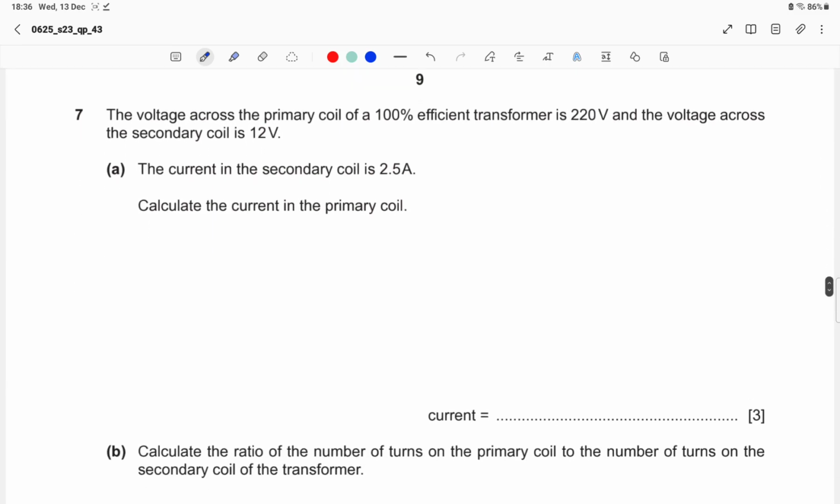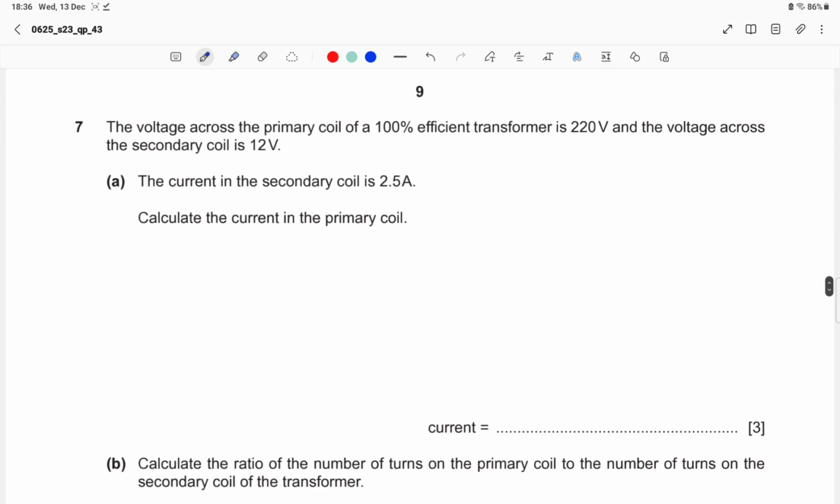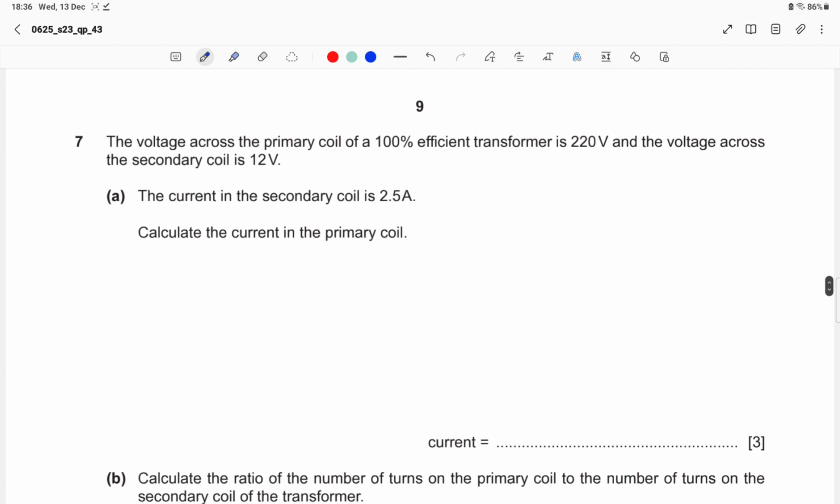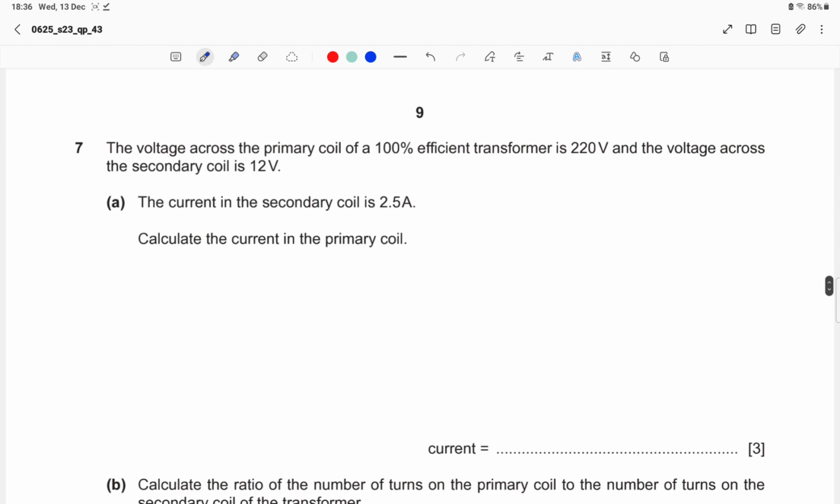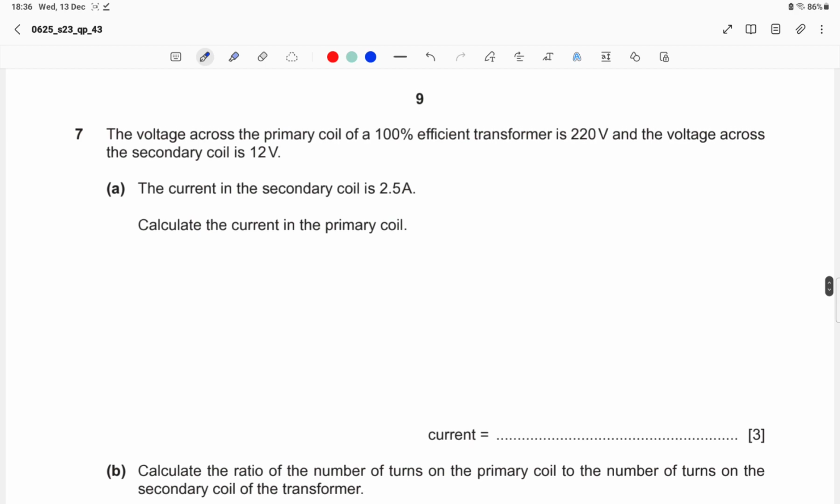Okay, the voltage across the primary coil of a 100% efficient transformer is 220 volts, and the voltage across the secondary coil is 12 volts. The current in the secondary coil is 2.5 amps, and we calculate the current in the primary coil. We are going to use VpIp equals VsIs.